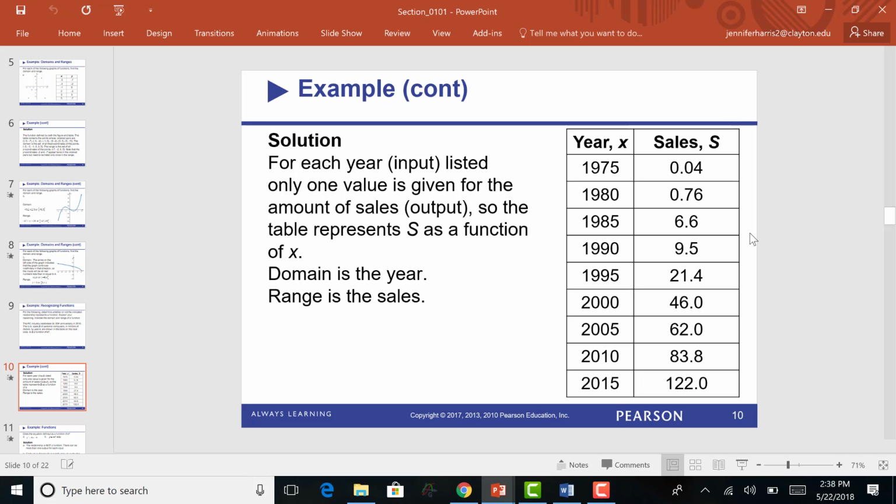There we go. Okay, equal to. Done. How do I write it in interval notation? Bracket 0.04, comma, 122.0 bracket. Done. Okay.